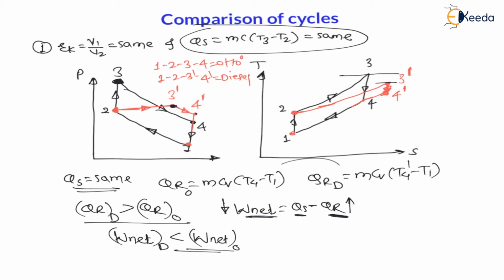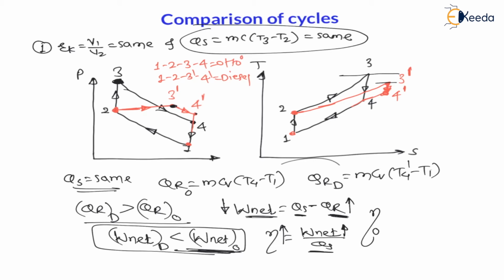And here, efficiency of any cycle is nothing but net work output divided by heat supply, and for both heat supply is the same. The engine having more net work output will have more efficiency as heat supply is the same. Therefore, as the Otto cycle has more work output, we can say efficiency of Otto is more than efficiency of diesel.